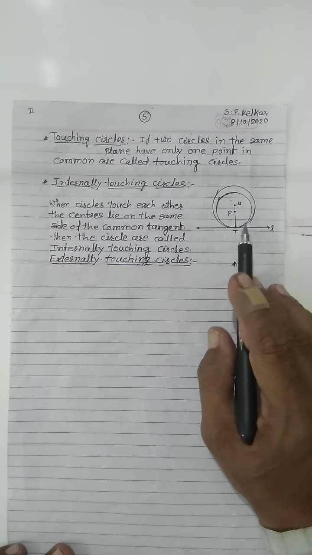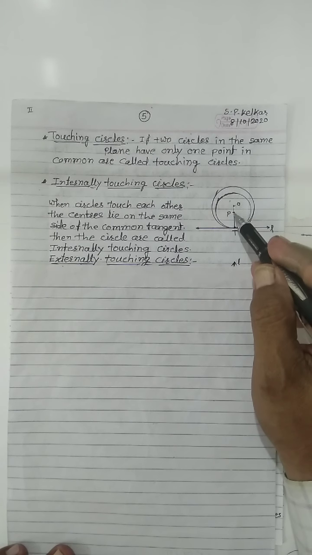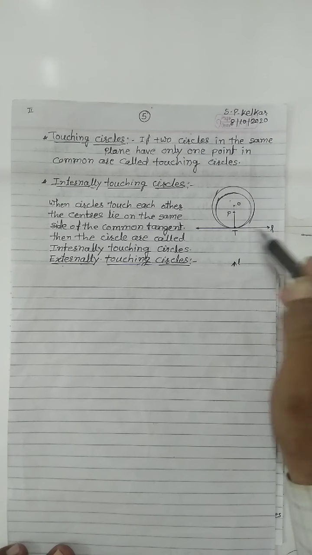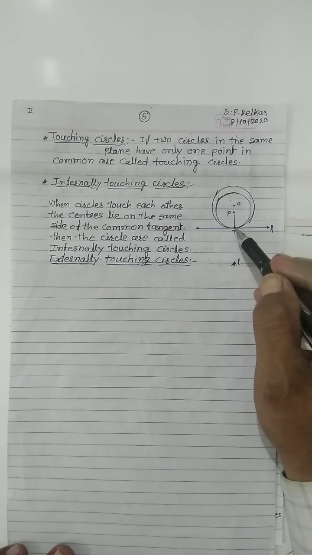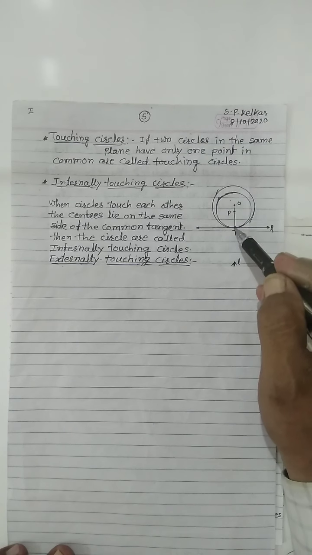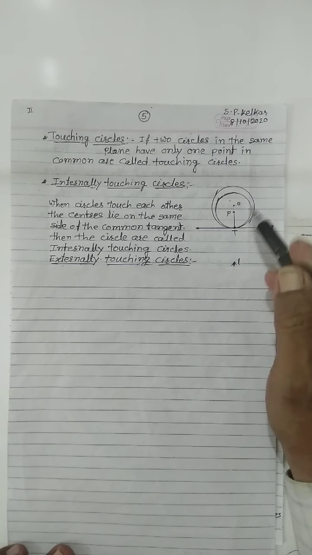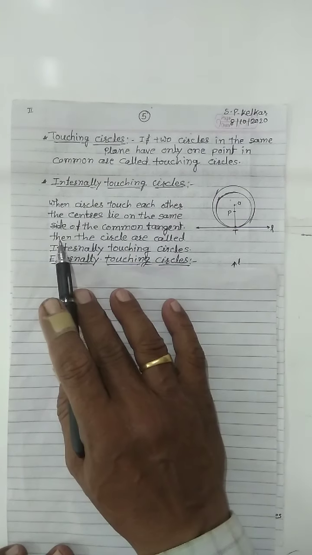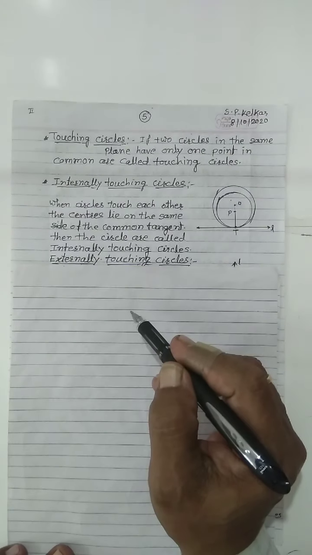See, in these two circles, center O and center P lie on the same side of the common tangent. This is the tangent line L at point T, and these two circles touch each other at only one point, T.